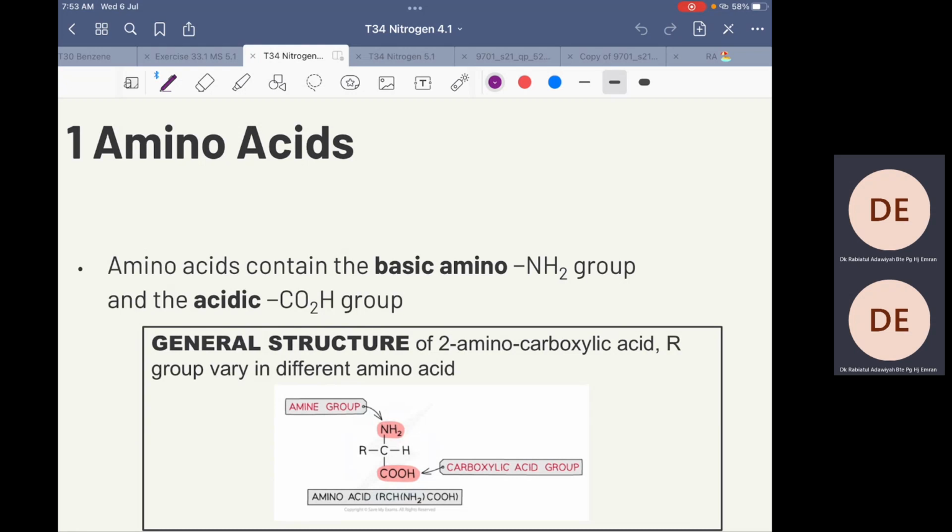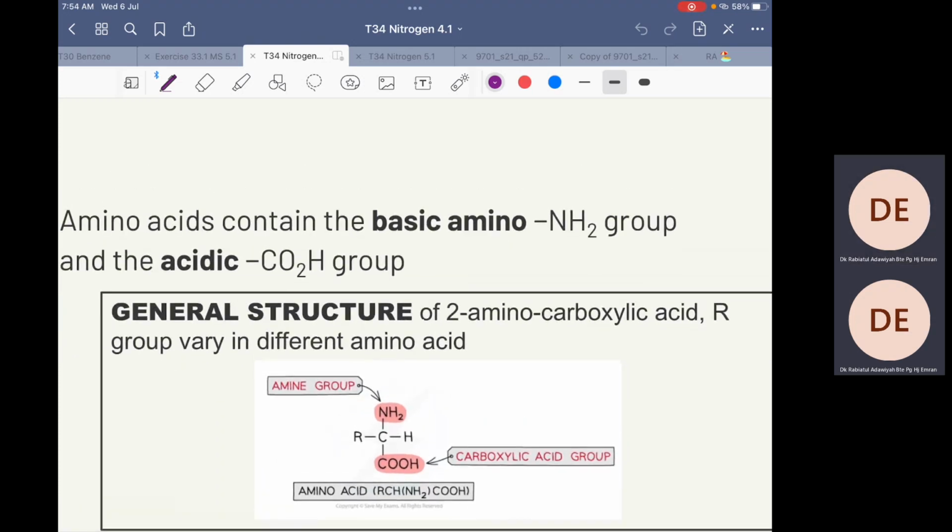Amino acids contain the basic amino group. What I mean by basic there is alkali, okay? The NH2 group in the amino acid is coming from the amine, and the acidic group is the COOH group.